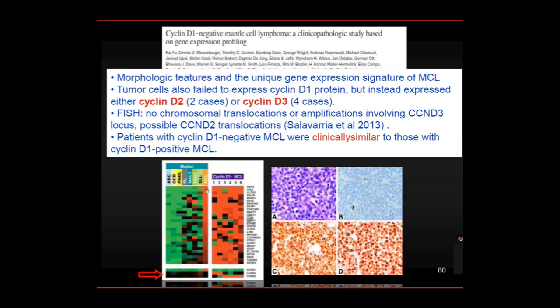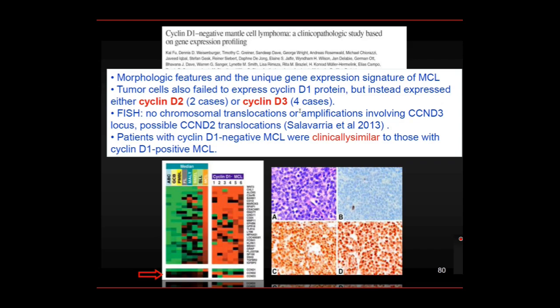If you perform a gene expression profiling, once again, you see that profiling of those cases, even though without the major oncogene, they are exactly resembling the conventional mantle cell. You see all red here, all the genes that are affected in mantle cell, they are in cyclin D1 and 3 positive cases.